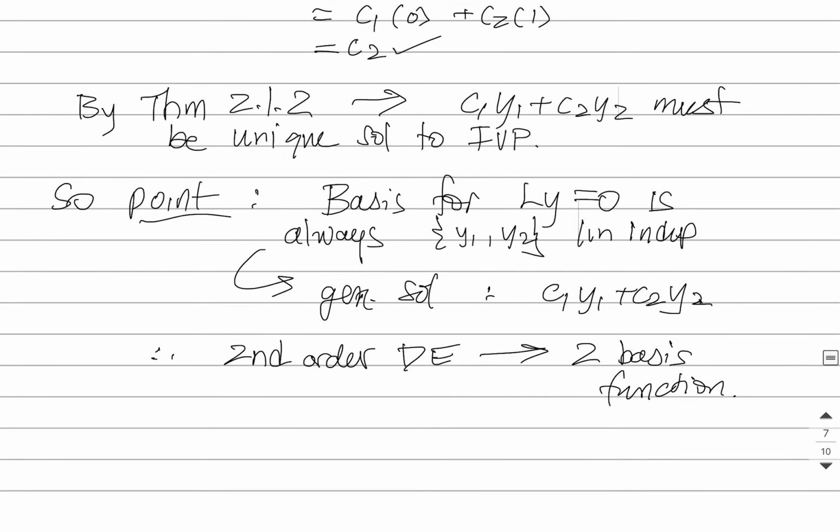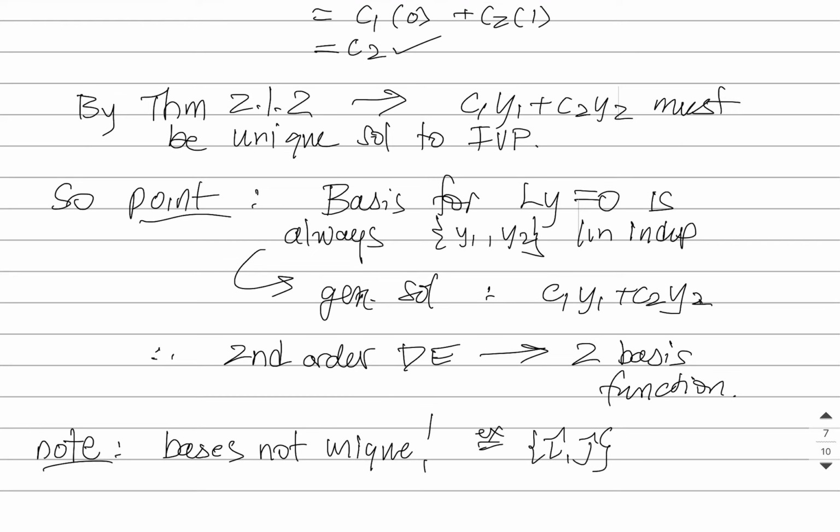Now, just like in linear algebra, these bases are not unique. There are infinitely many bases, right? i and j are a basis, but so are 2i and 2j. Those form a basis for R2. But you can stretch those vectors.